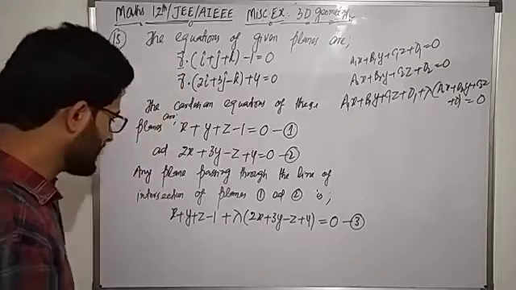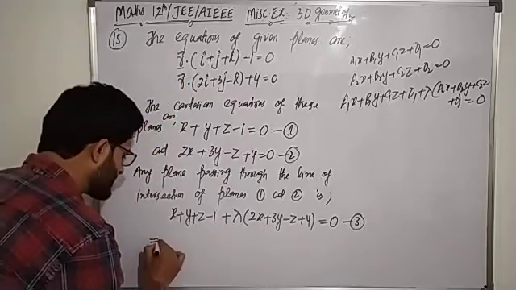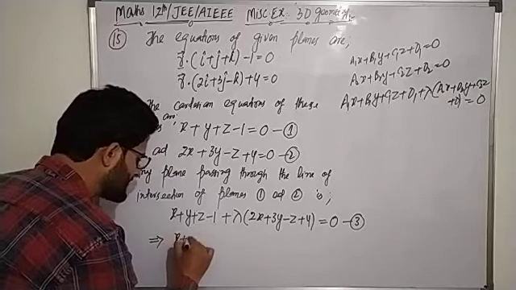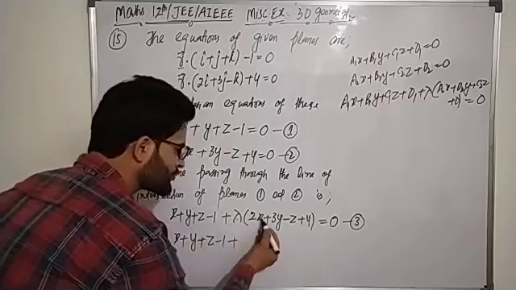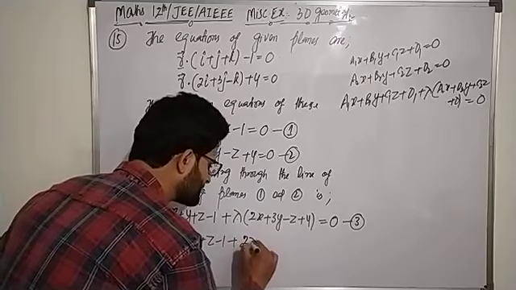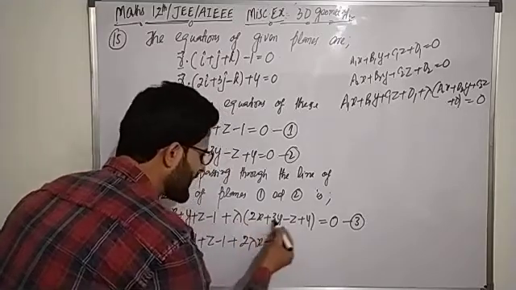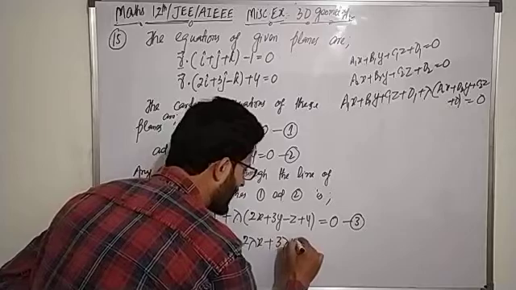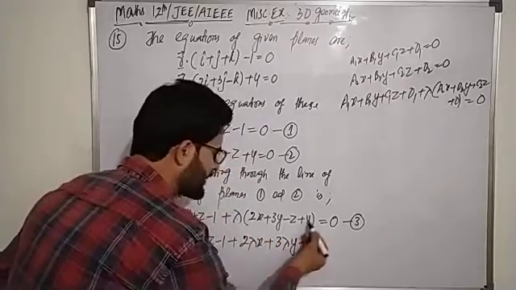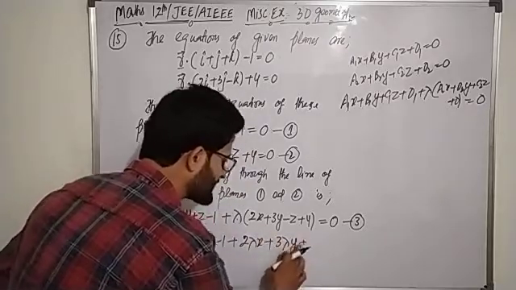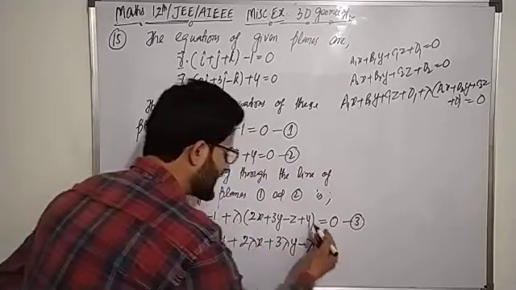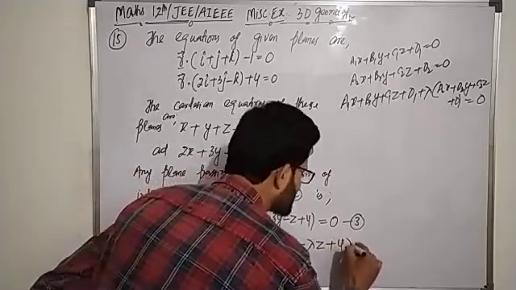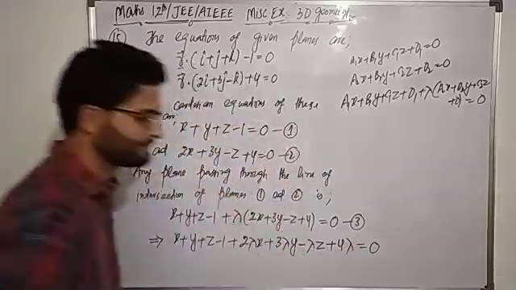So for this, what will we do? First we are going to simplify this equation. This implies x plus y plus z minus 1 plus lambda into 2x that is 2 lambda x, plus lambda into 3y that is 3 lambda y, plus lambda into minus z that's minus lambda z, plus lambda into 4 that is 4 lambda is equal to 0.